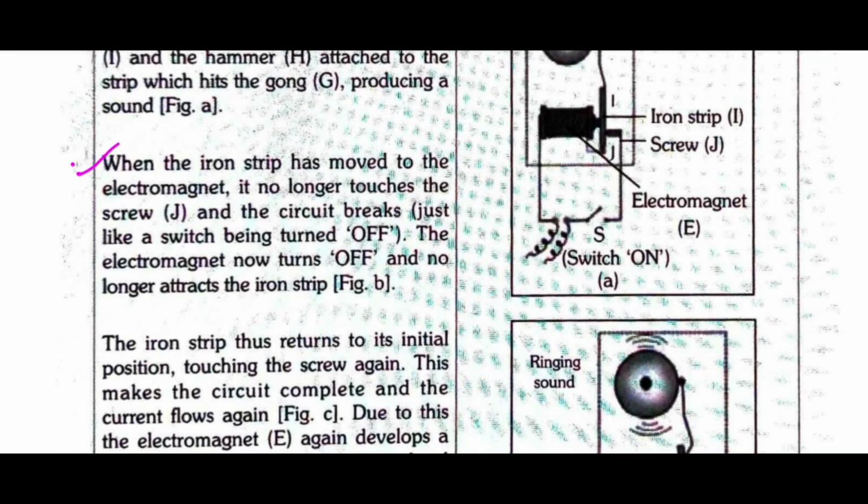When the iron strip has moved to the electromagnet, it no longer touches the screw, and the circuit breaks. Just like a switch being turned off, the electromagnet now turns off and no longer attracts the iron strip. What happens next?